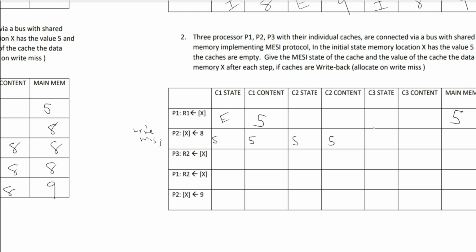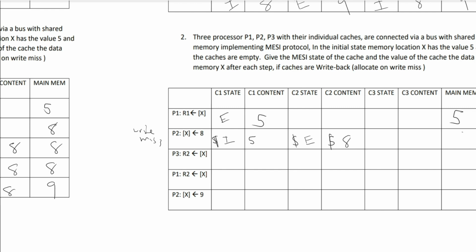Okay, so we allocate it now. And then we have to do actual writing. But it's write back policy, so we only update the cache. We don't update main memory yet. So we'll update this to an 8, which will invalidate this. And then this will become exclusive.